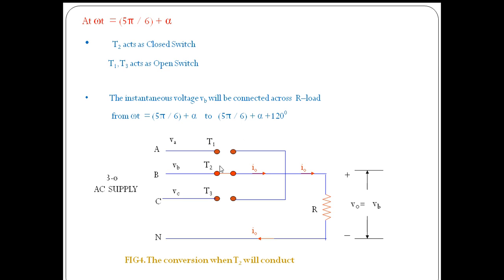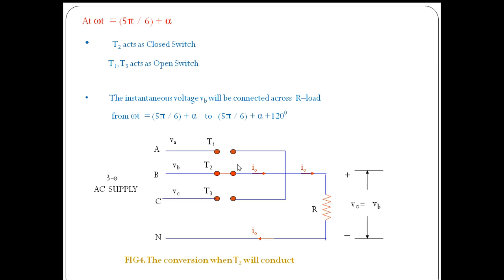That means at the instant 5π/6 + α, we have applied a trigger signal, and T2 will be in conduction. So current flows from phase B through thyristor T2 and the load resistance, and it goes to the neutral terminal of the supply.